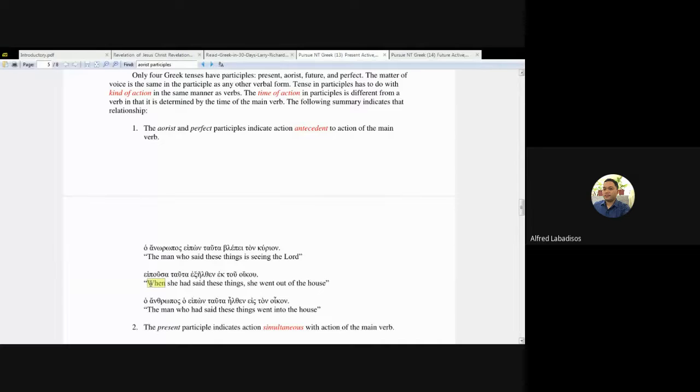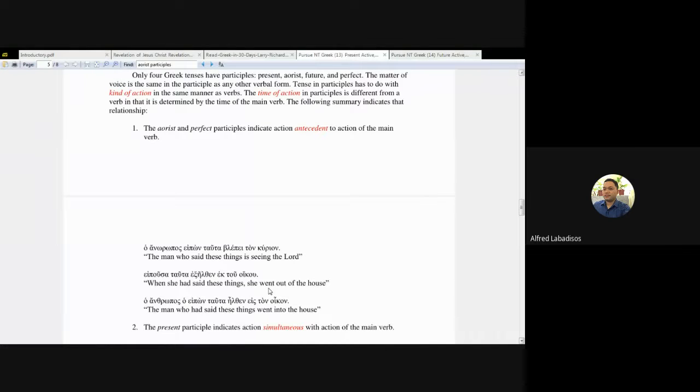So we have here: when she had said these things, she went out of the house. So it tells that the action of the participle is antecedent to the main verb. The main verb is exultain: she went out of the house, only after the woman said these things.